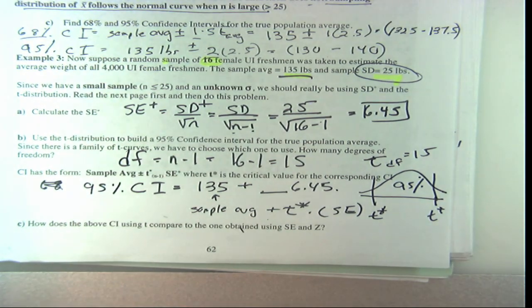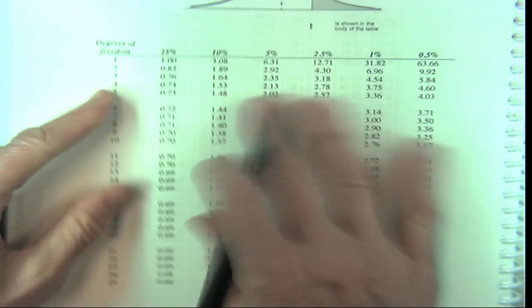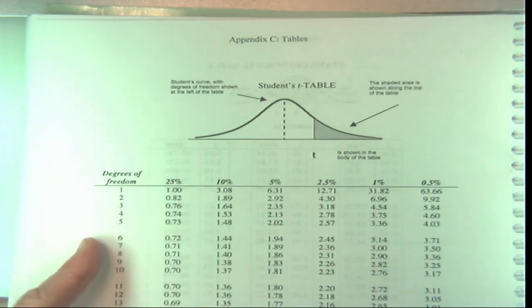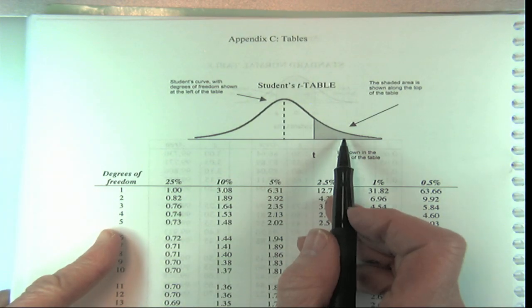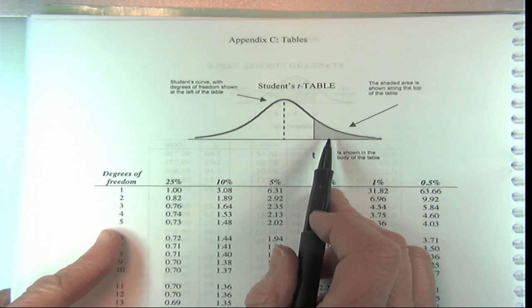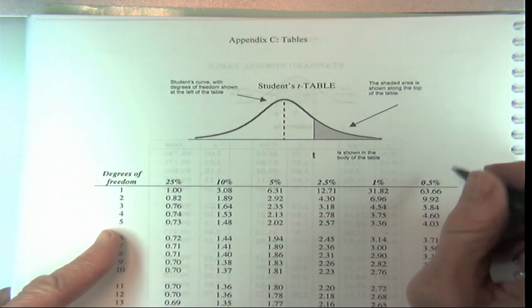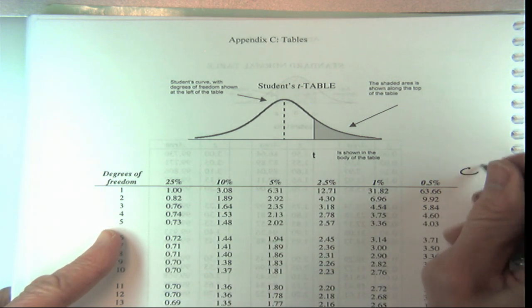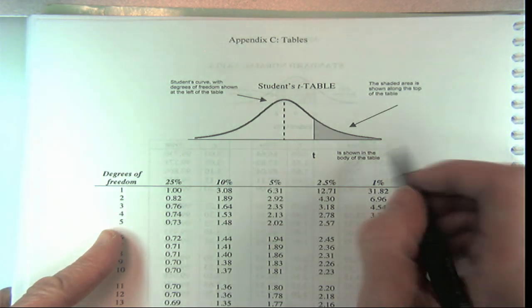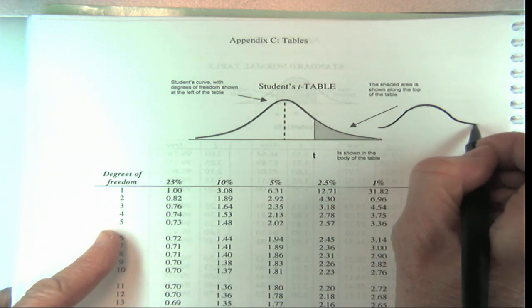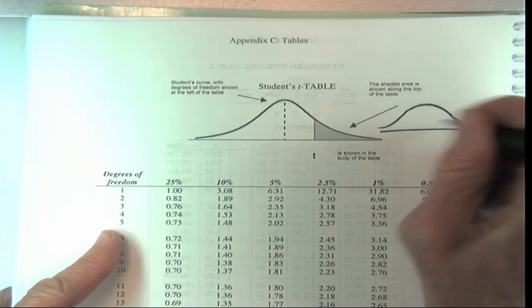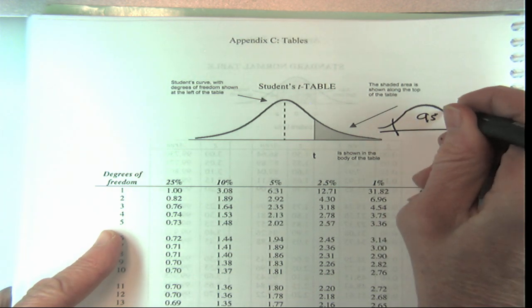So let's go to our table on page 235 in the book. And here we have the t table. Unfortunately, it doesn't do the middle area on this one. So these are the areas of the tail. So for confidence intervals, for the 95, we want 95% in the middle.